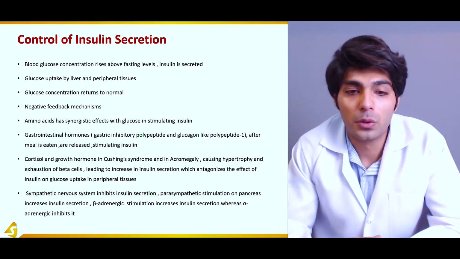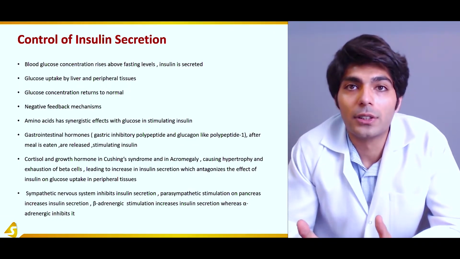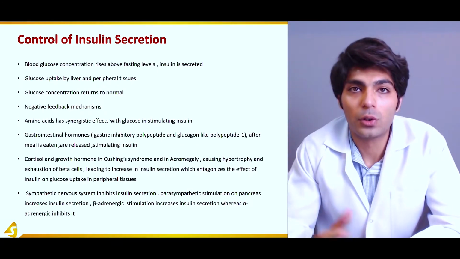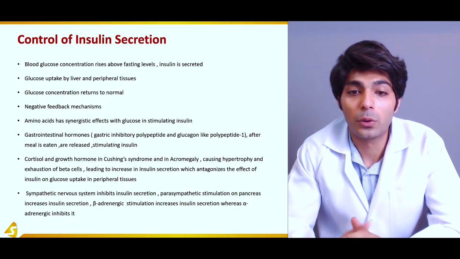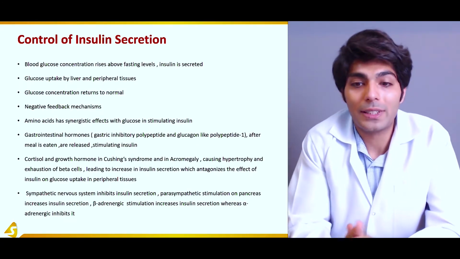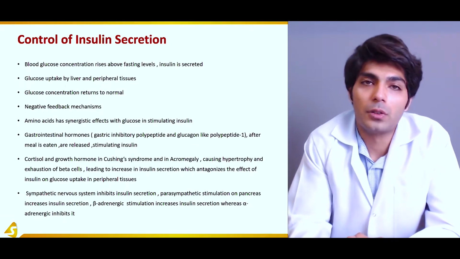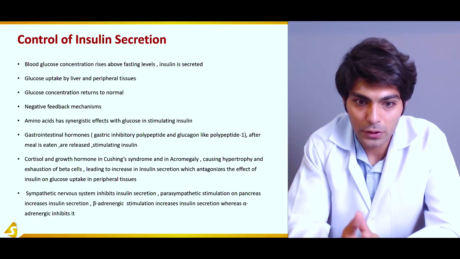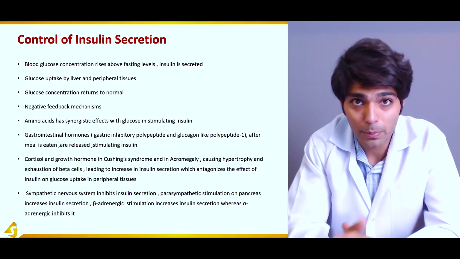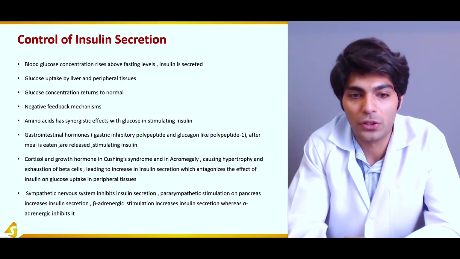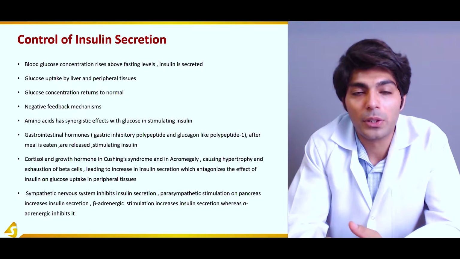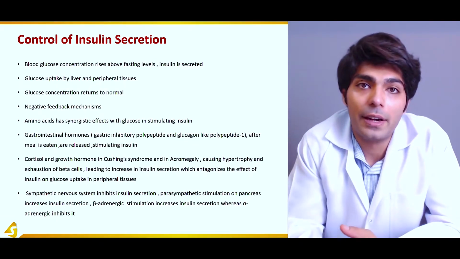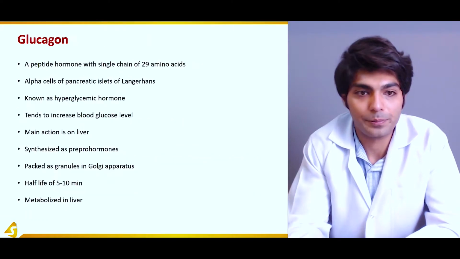Then we have cortisol and growth hormone, as in Cushing syndrome and acromegaly, which cause hypertrophy and exhaustion of the beta cells, leading to increased insulin secretion, which antagonizes the effect of insulin on glucose uptake in the peripheral tissue. The sympathetic nervous system inhibits insulin secretion, and the parasympathetic increases it. Beta adrenergic stimulation increases insulin secretion, whereas alpha adrenergic inhibits it.